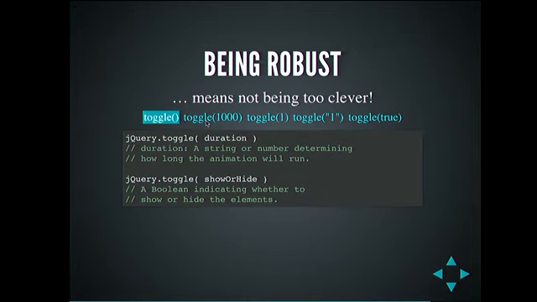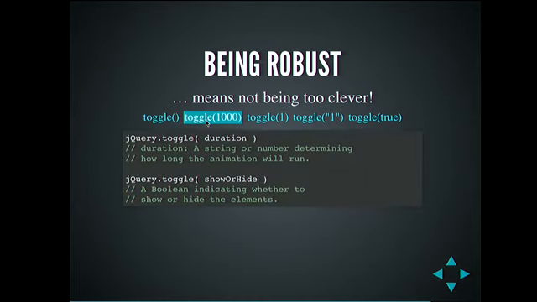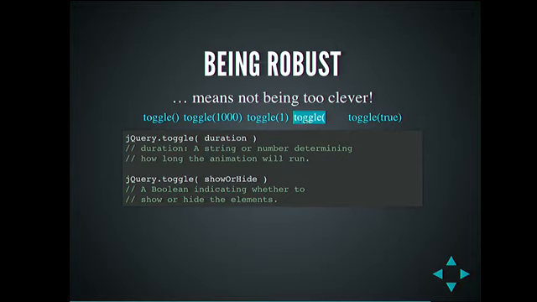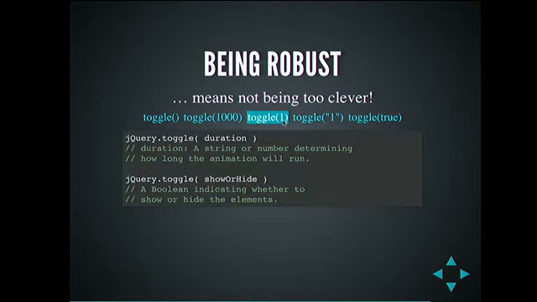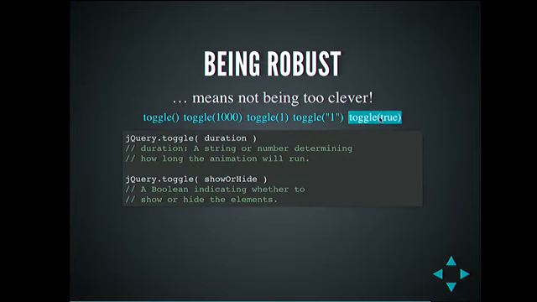It will take an integer of 1 second, which defines the duration of this animation. It will take a string, which is not the same as the integer 1. And it will take the boolean true, which will only show, not hide.